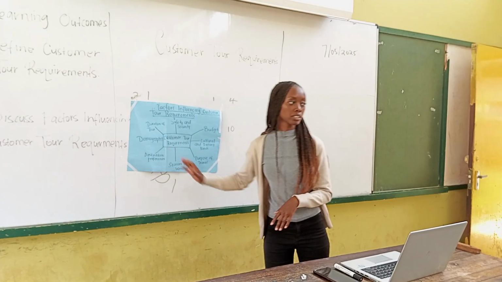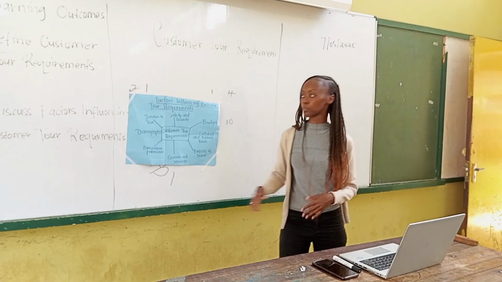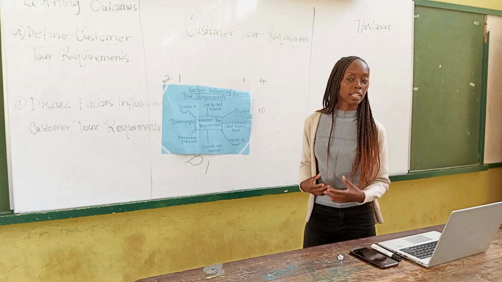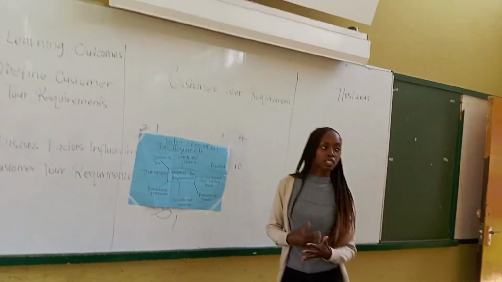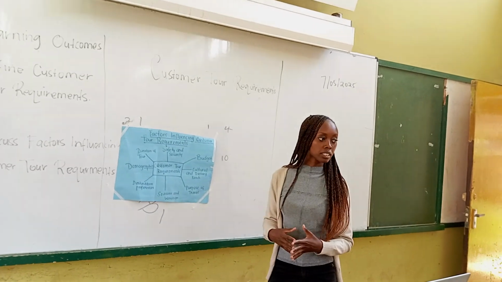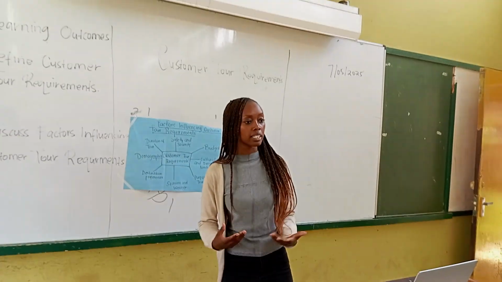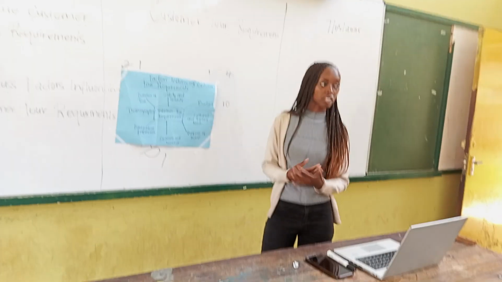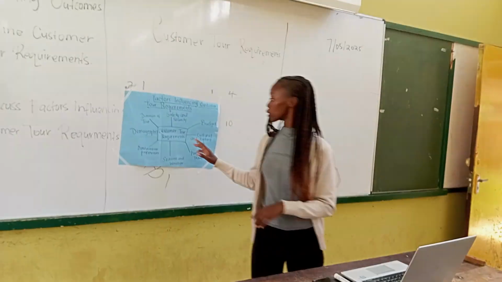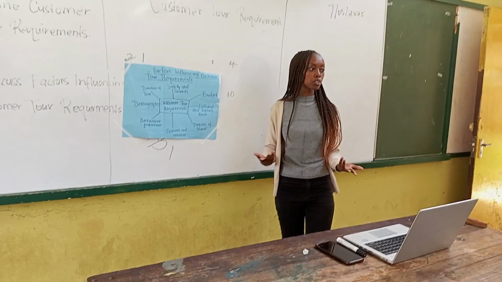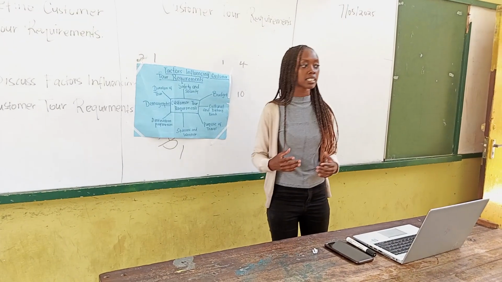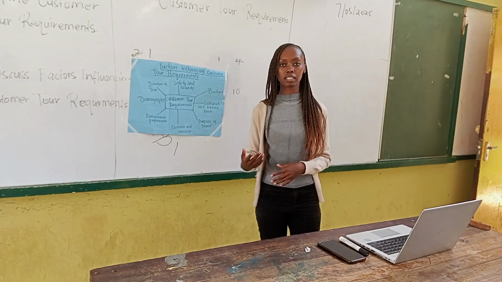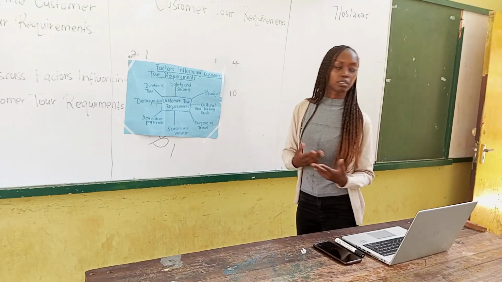So one is the duration of the tour. When a customer comes to you, you need to understand how long they are able to go for that tour. And then secondly, safety and security, which is very important. Many customers need to be in a safe and secure environment. The next one we have here is budget, which is maybe the most crucial one of all, because budget is the capacity in which a customer can afford that tour.